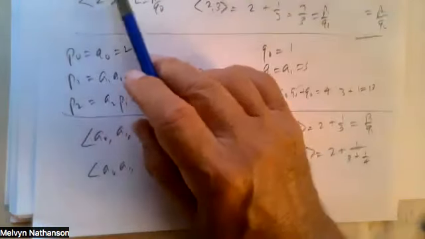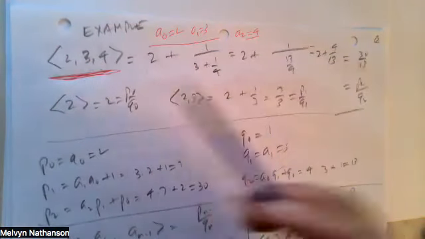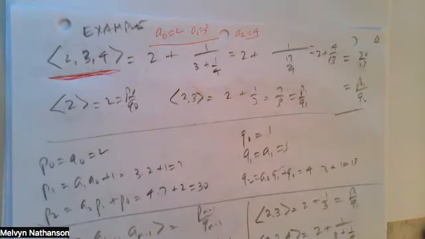So here I just took at random the example 2, 3, 4, and I checked that and everything was correct. So if you want to understand what's going on in the proof, the best thing to do is just to write down another continued fraction at random, just make one up with 3 or 4 or 5 terms, compute the PNs and the QNs, and see that they give you exactly what you're supposed to get.